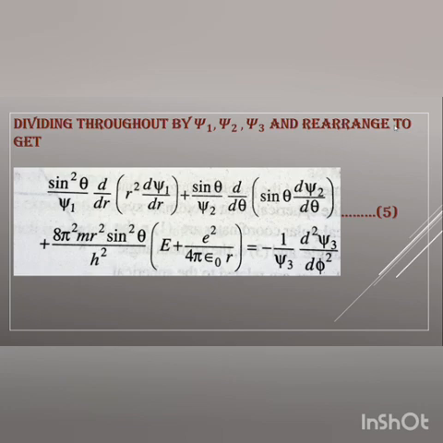In this equation, the left hand side is a function of theta alone, whereas the right hand side is a function of phi alone. It's given that the left hand side equals the right hand side. The only possibility is that both sides equal the same constant.